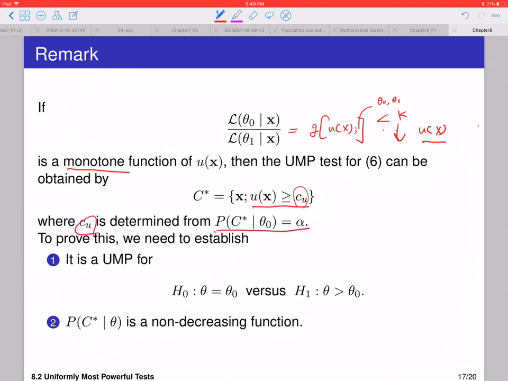And so to prove this, we need to establish that, because this one does not depend on zeta 1, it is MP.